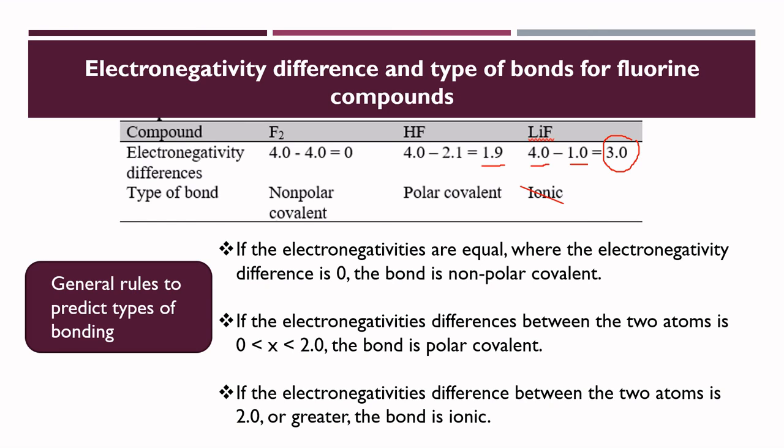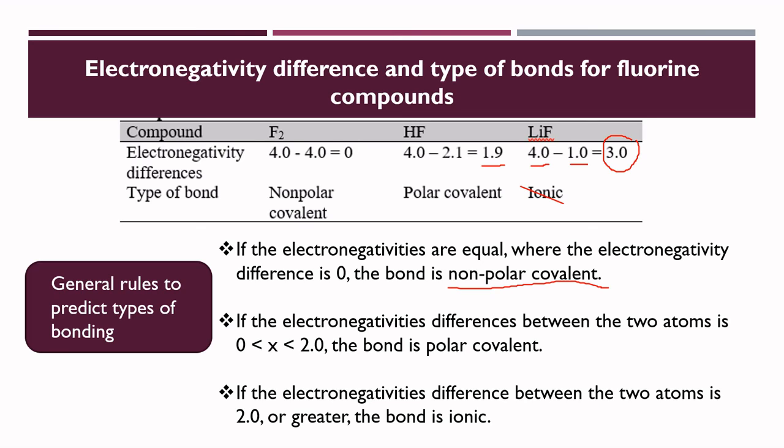Look at the general rules here for how we predict the type of bonding. The first rule: if the electronegativities are equal, or the electronegativity difference is 0, the bond is non-polar covalent.